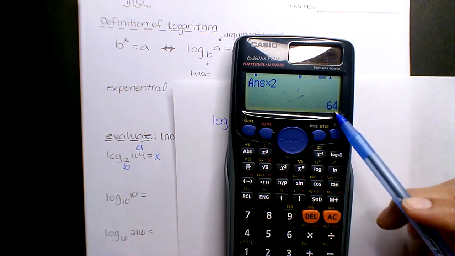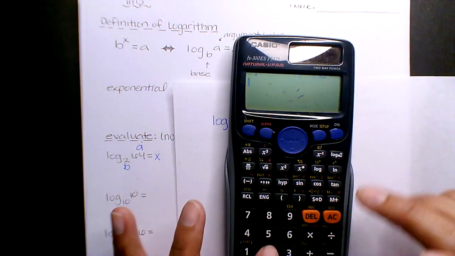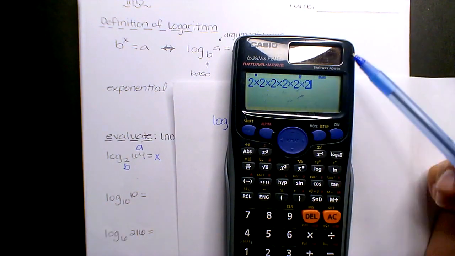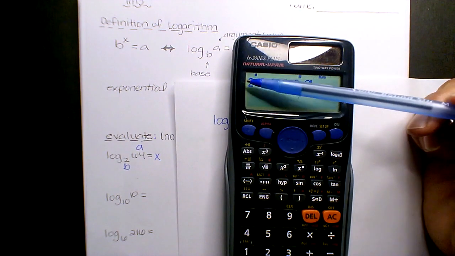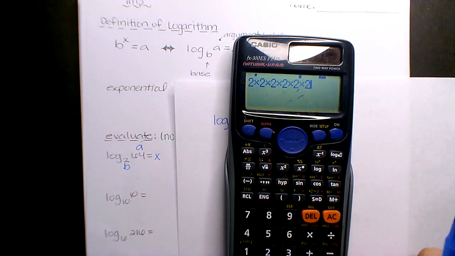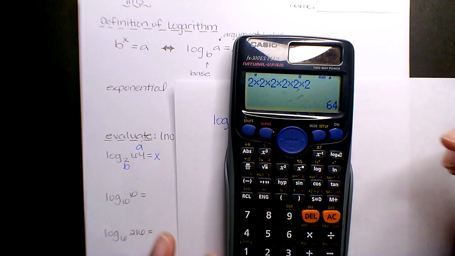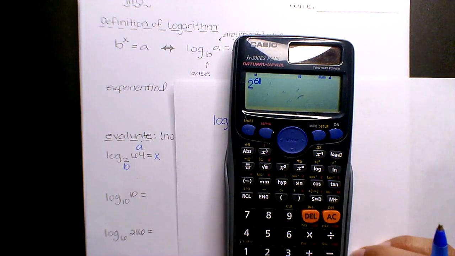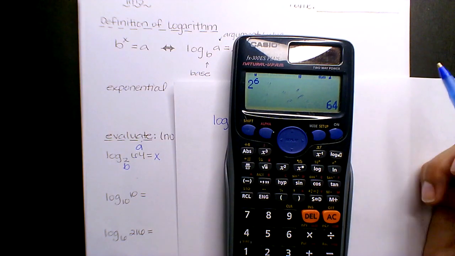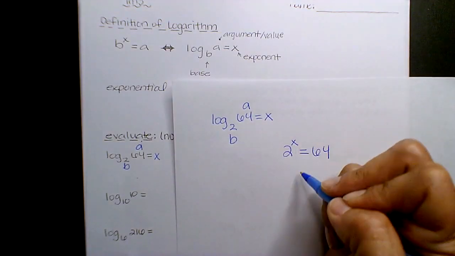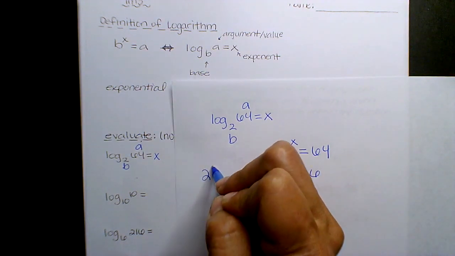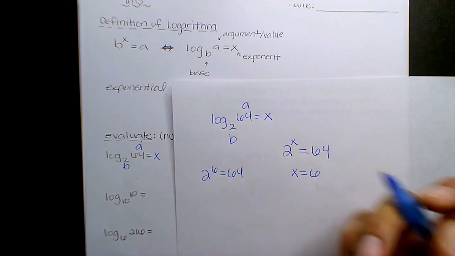If I do 6, I get 64. So 6 twos: 2 times 2 times 2 times 2 times 2 times 2 is 64. So 2 to the 6th power is 64, yes? So x is equal to 6.